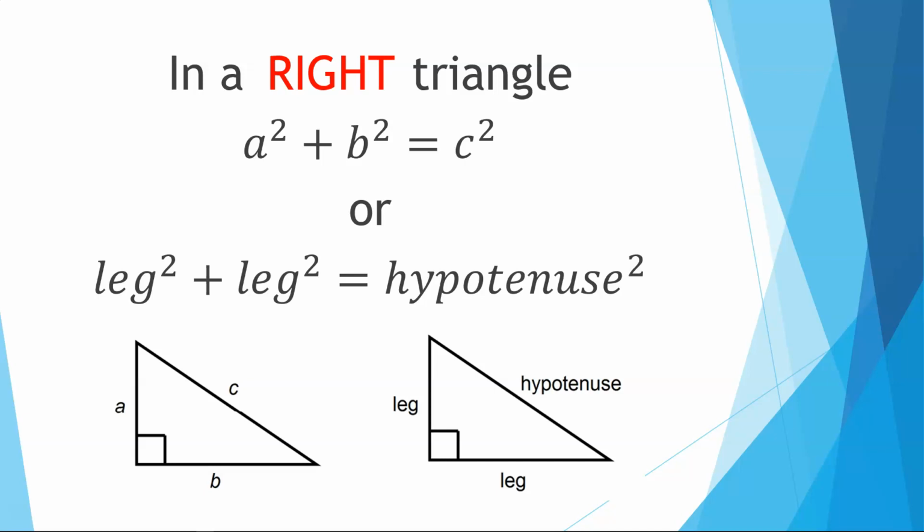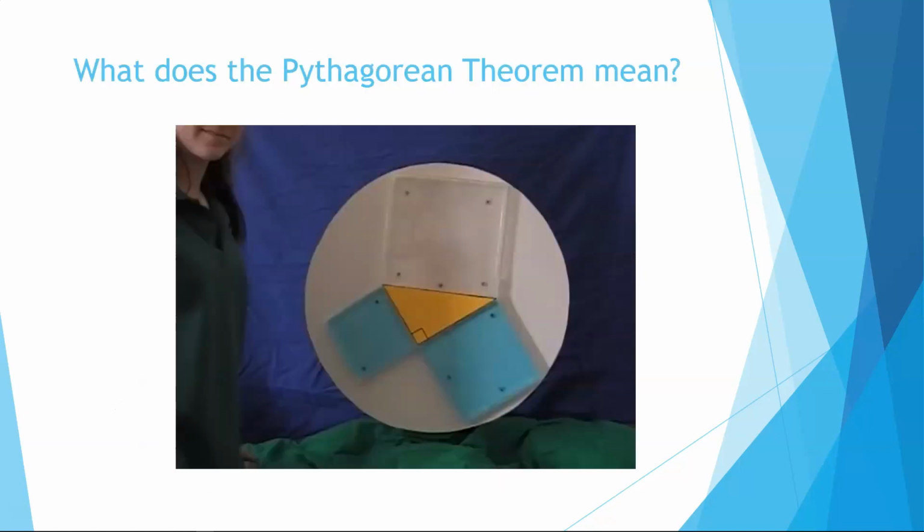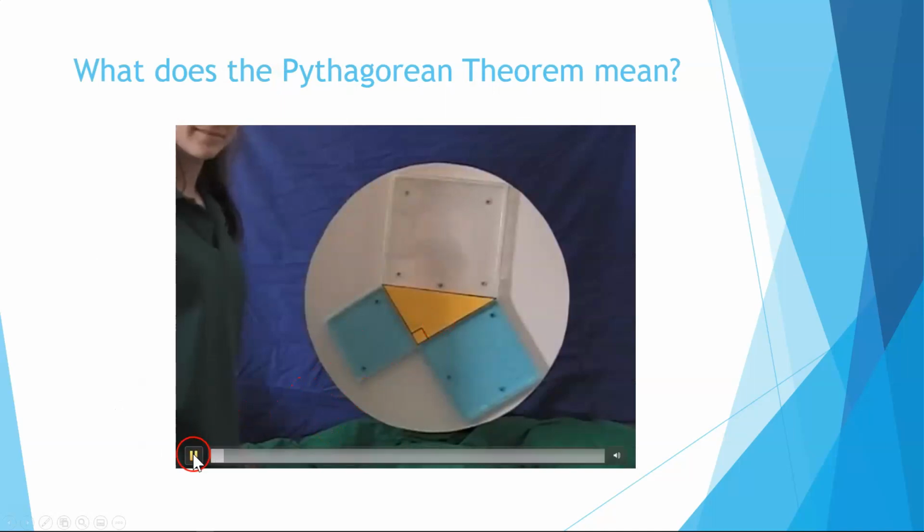So I've got an illustration here in the form of a video that shows you what this theorem is telling us. So what's going on in this video is you've got your right triangle right here, and on each side of the triangle there is a square. So the area of that square is the side squared.